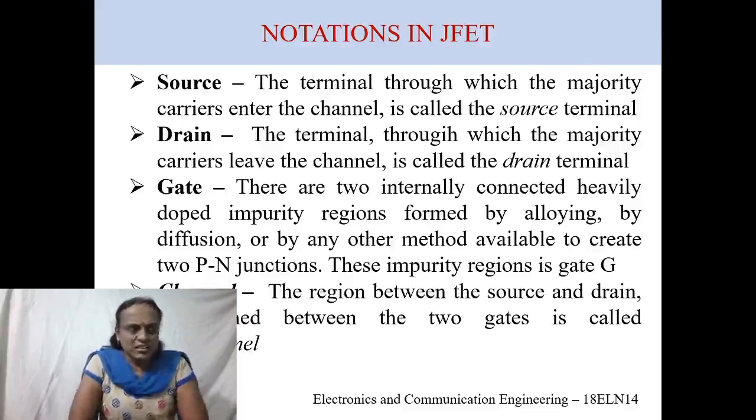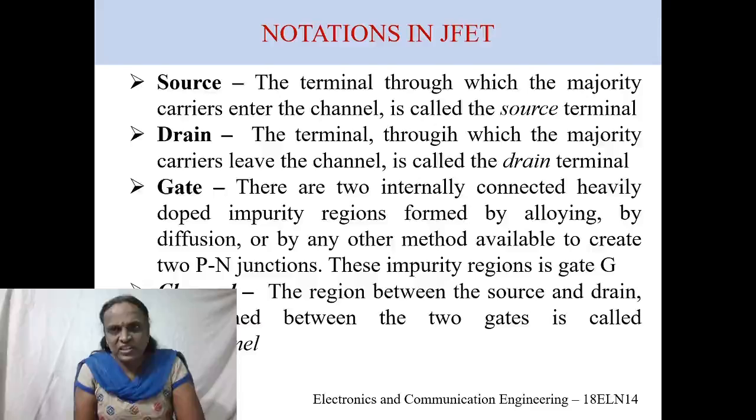In the drain terminal, conventionally the current is leaving the channel and is designated as ID. I means current, suffix D is for drain. Similarly, in the source also, the conventional current is entering the channel at S and is designated as IS. I represents current, suffix S represents source.